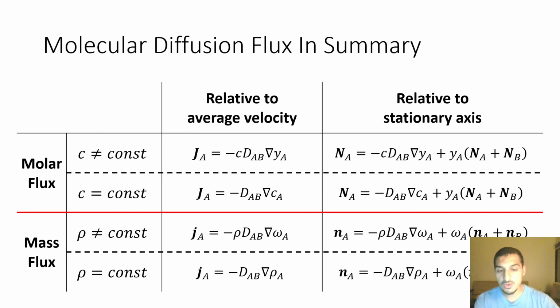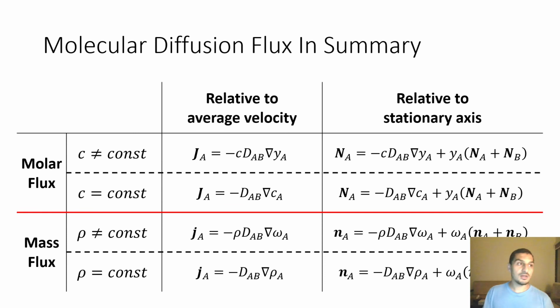So these are all the options that you see. Again, an important thing to keep in mind is the notation, the difference between uppercase and lowercase, the rho and c and omega and y. These are things that you need to keep in mind.